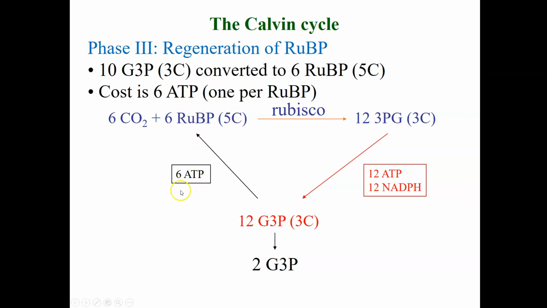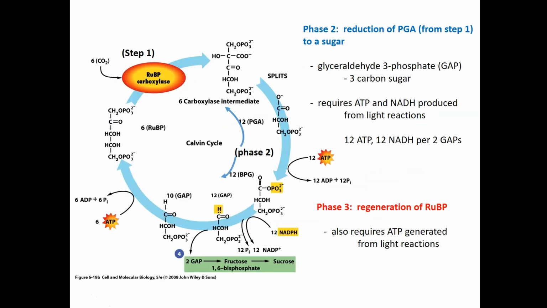And again, this is going to take some additional ATP. So here this required 12 ATP and 12 NADPH. And now this is going to require 6 additional ATP. And that's why, again, we need more ATP for this reaction than NADPH.